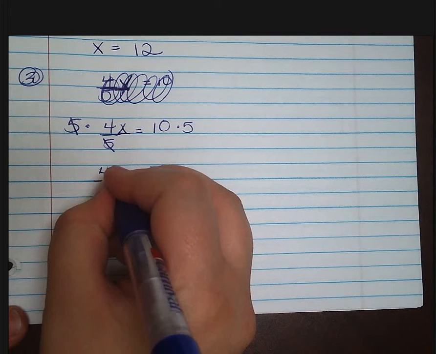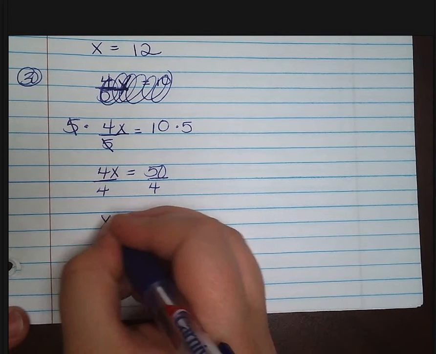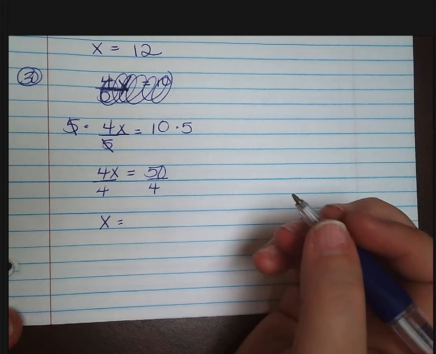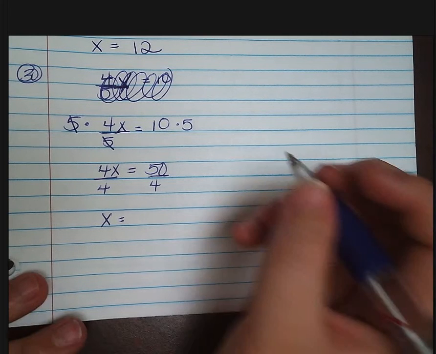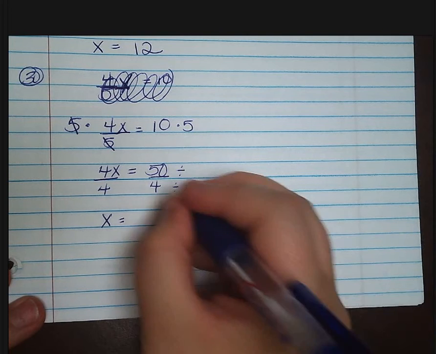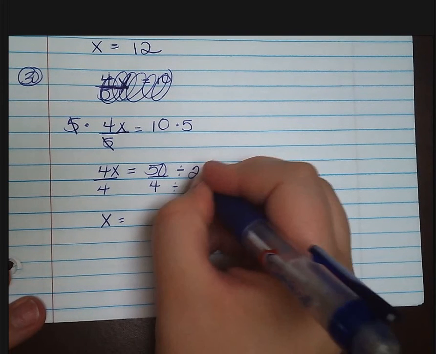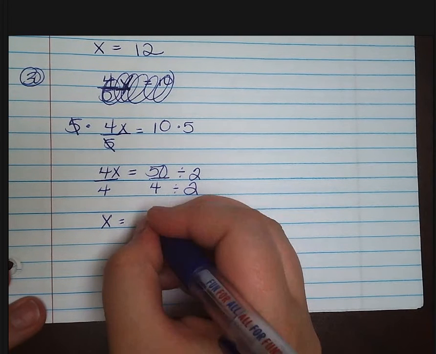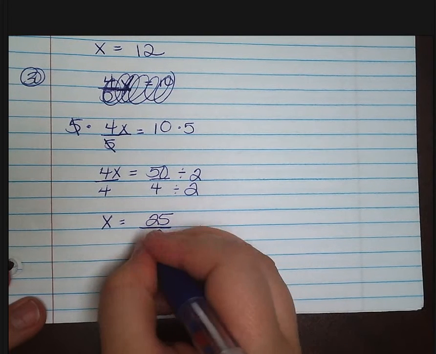And then you can divide both sides by 4 to get x equals 50 divided by 4. Well, that doesn't divide evenly, so we're going to have to simplify. We simplify by dividing these two numbers by a common factor. If you think about it, the common factor they both have is 2. So 50 divided by 2 is 25. 4 divided by 2 is 2.